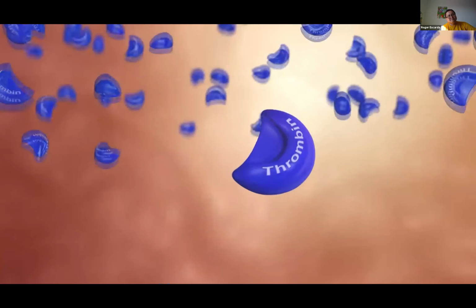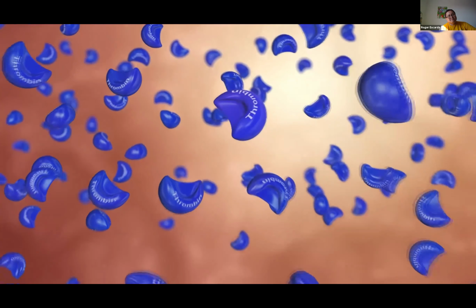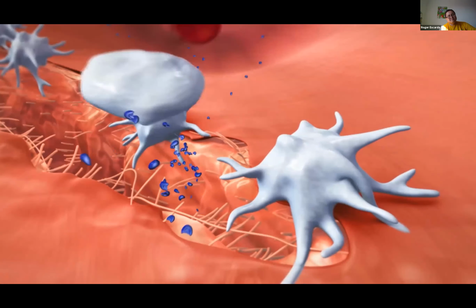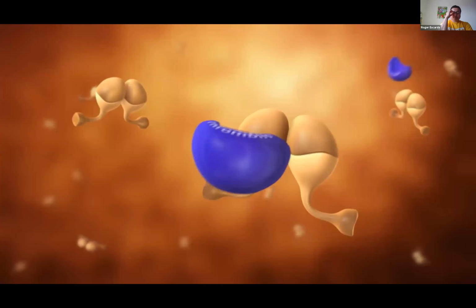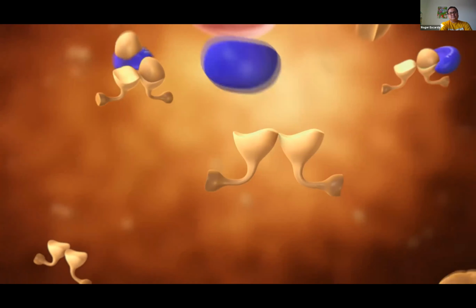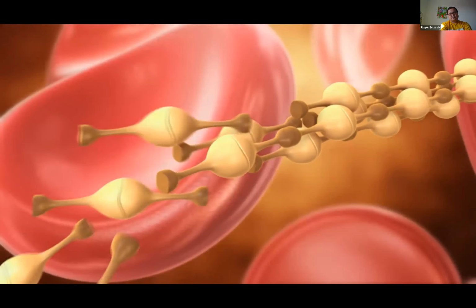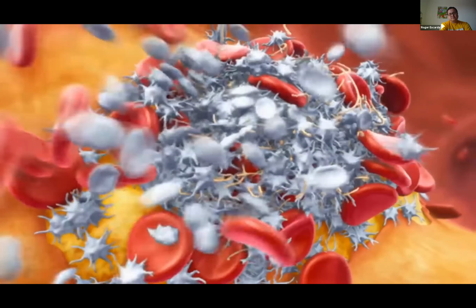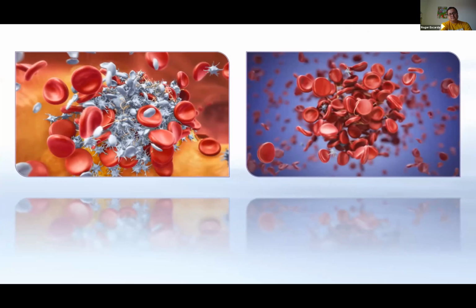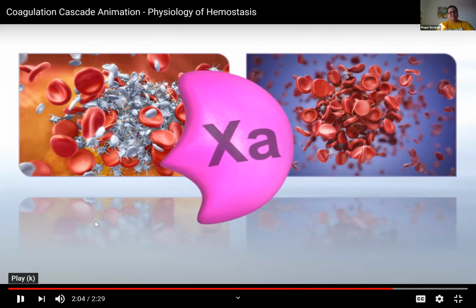One molecule of factor 10A can catalyze the formation of 1,000 molecules of thrombin. These large amounts of thrombin cause the further activation of platelets and the enhanced formation of fibrin. Fibrin then forms strands, making up the mesh that stabilizes the platelet plug in an arterial clot and holds together the red blood cells in a venous clot. It can be concluded that the central role of factor 10.